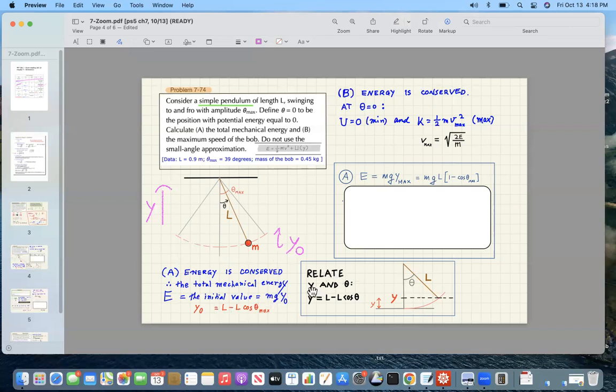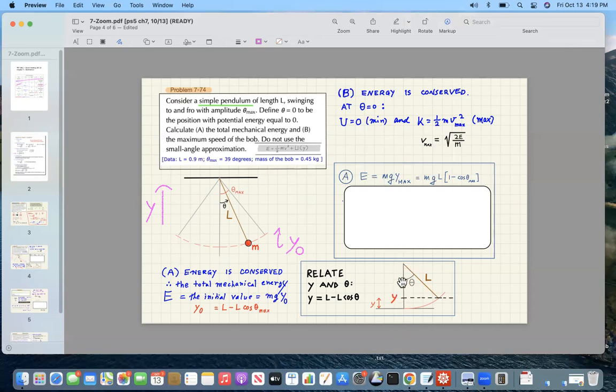There's a relation between y and theta, which in general is y equals L minus L cosine theta, because this distance is L, the length of the string.